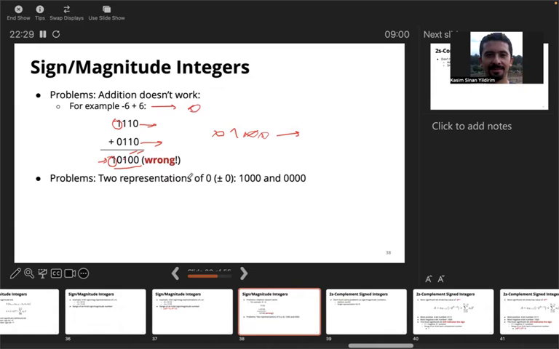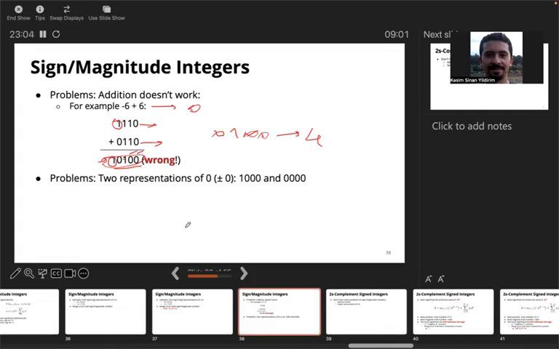If we consider everything as a result, is it a negative number? It is incorrect. We don't know how to interpret the result. Things are not making sense at all. This is one problem. It doesn't work. We added 2 numbers, minus 6 and positive 6, and the result we obtain is not 0. It's even ambiguous.